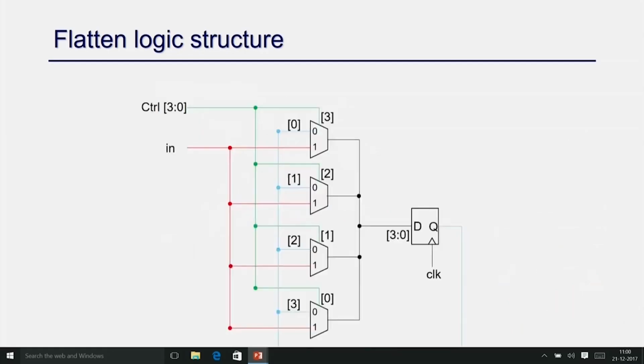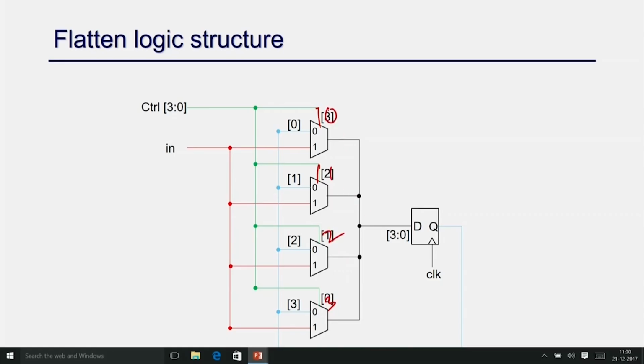Then the equivalent circuit will be like this, right. This output is going here. This is the third bit, second bit, first bit, and so on, and the control is the select signal of this mux. Sorry, so this would be 3, this is 2, this is 1, this is 0.